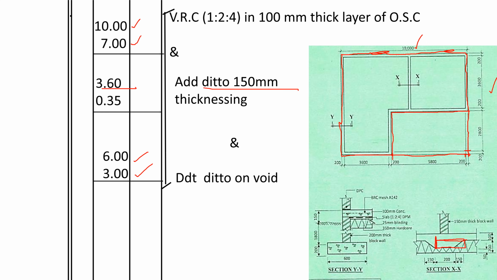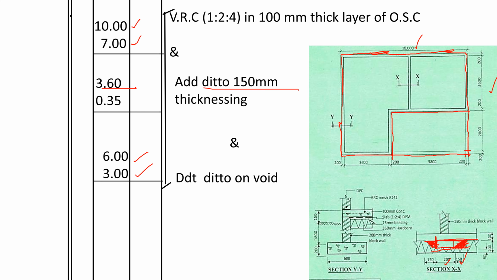So this triangle here is there. Then this one which is here is a replacement of this other triangle on this other side. So it will form a rectangle, and the base of that rectangle is 0.35, 200 plus 150. Then the depth will be 150.